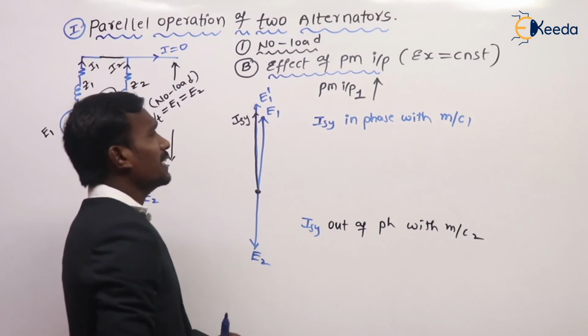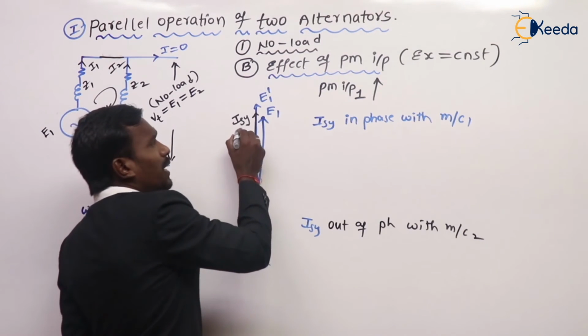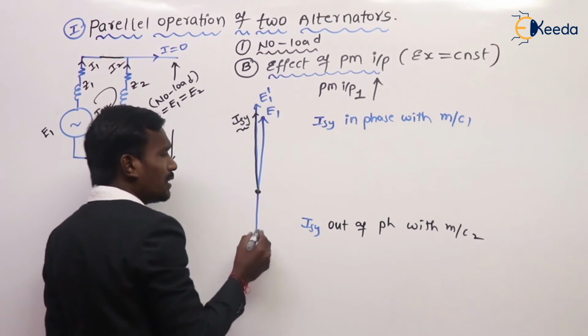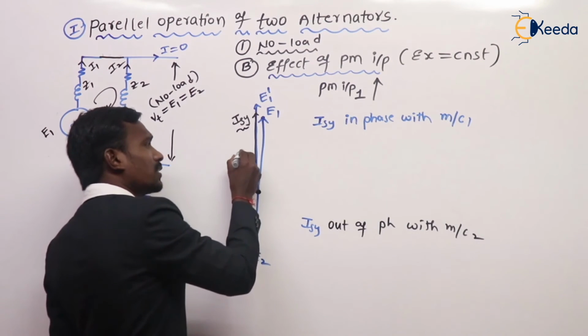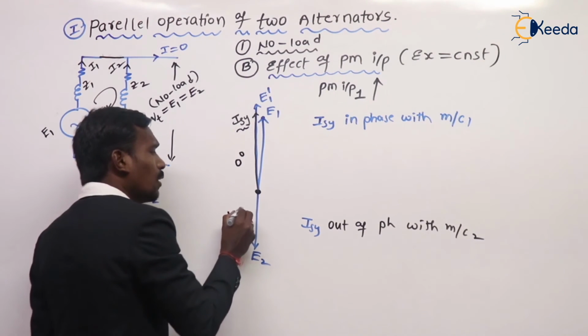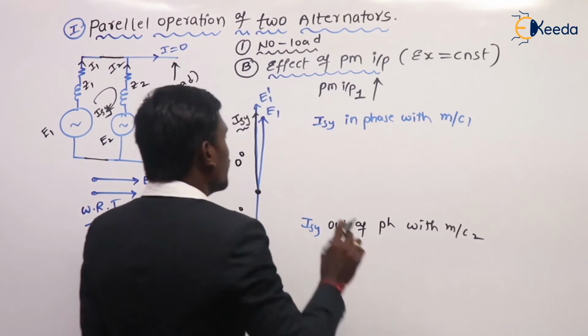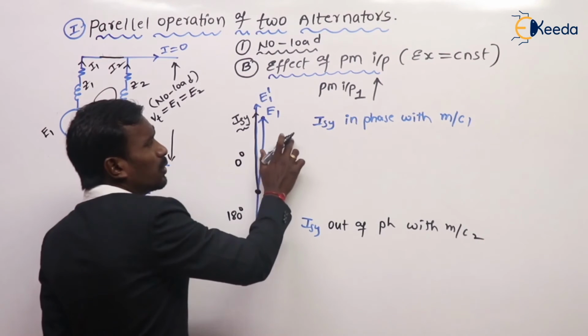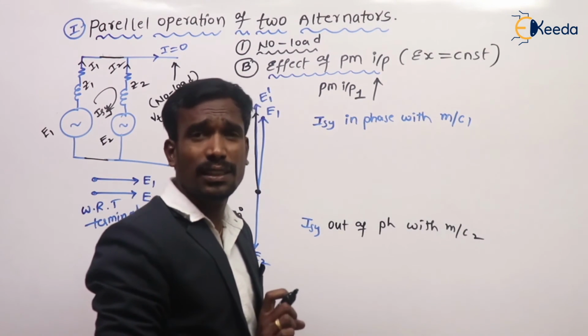Nothing but, the ISY is in phase with machine 1 and out of phase with machine 2, that is 0 degrees and 180 degrees. Now calculate the active power and reactive synchronizing powers.